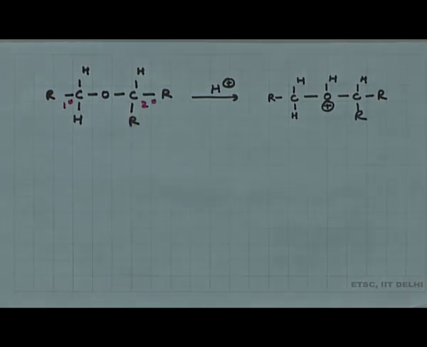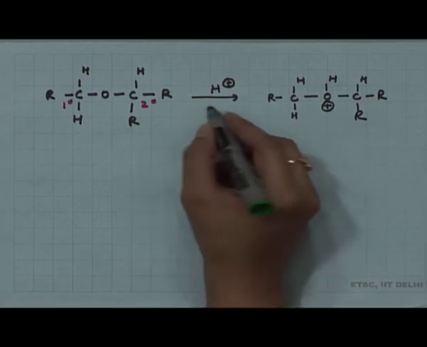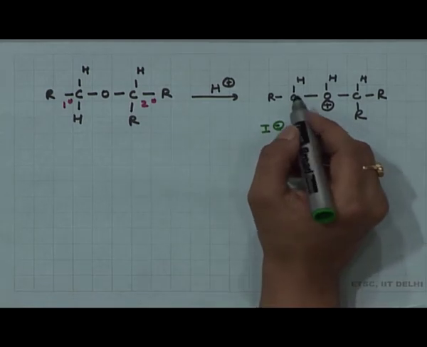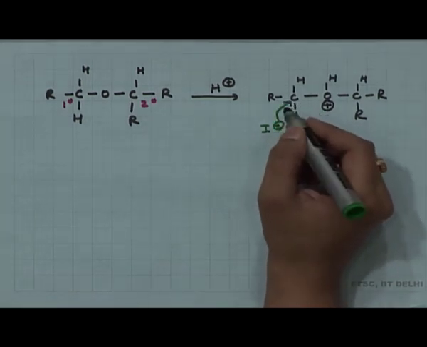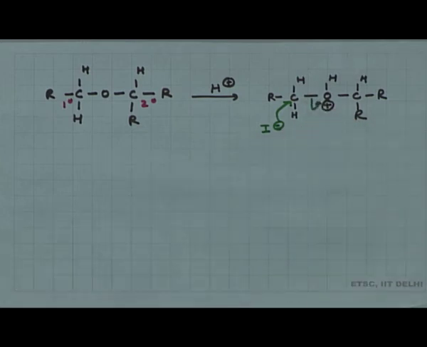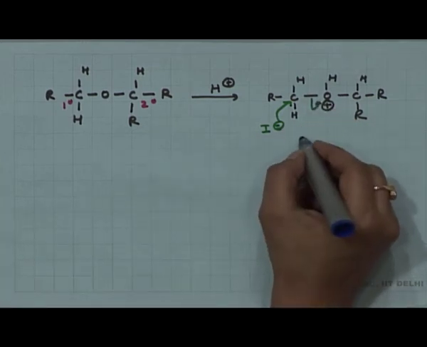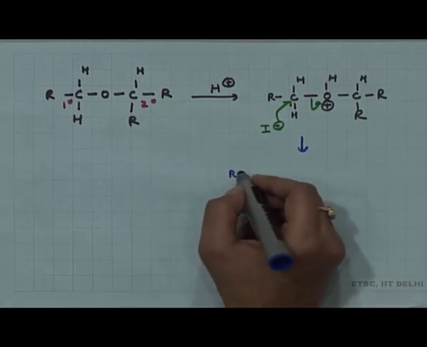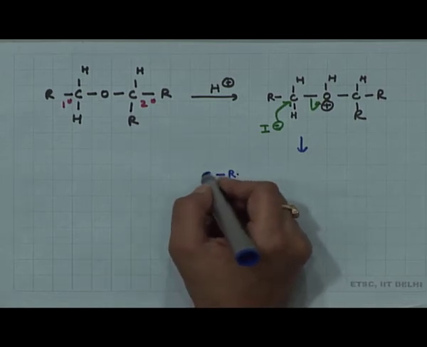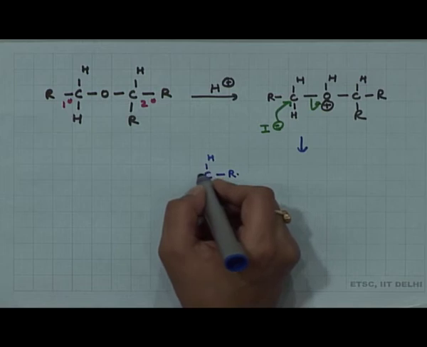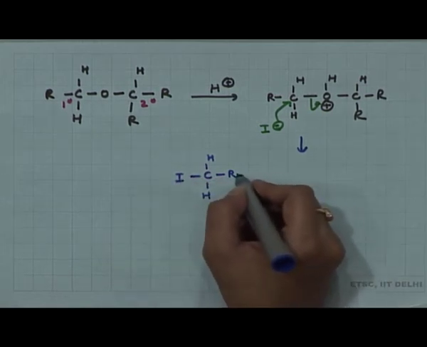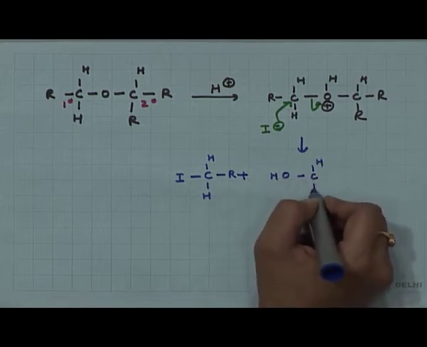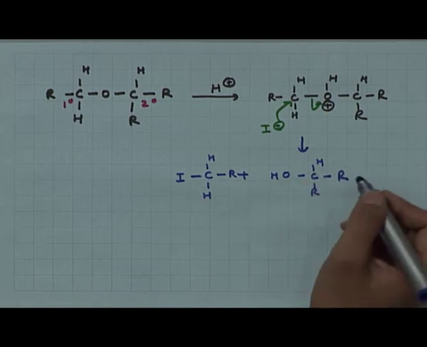Your iodide, the nucleophile, attacks the less hindered carbon, and you end up with the less substituted alkyl iodide, and the alcohol is the one which is more substituted, containing the alkyl part which was more substituted.